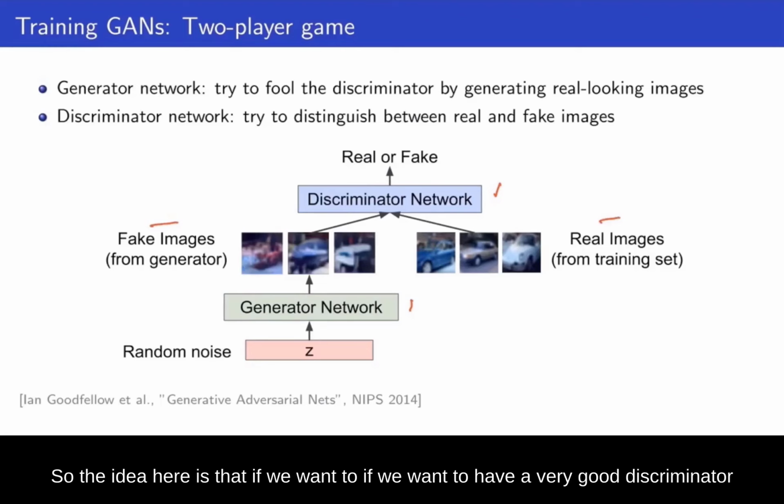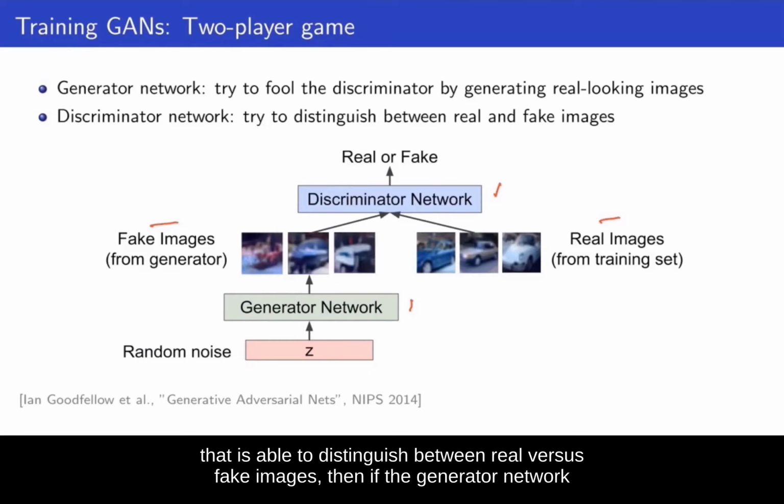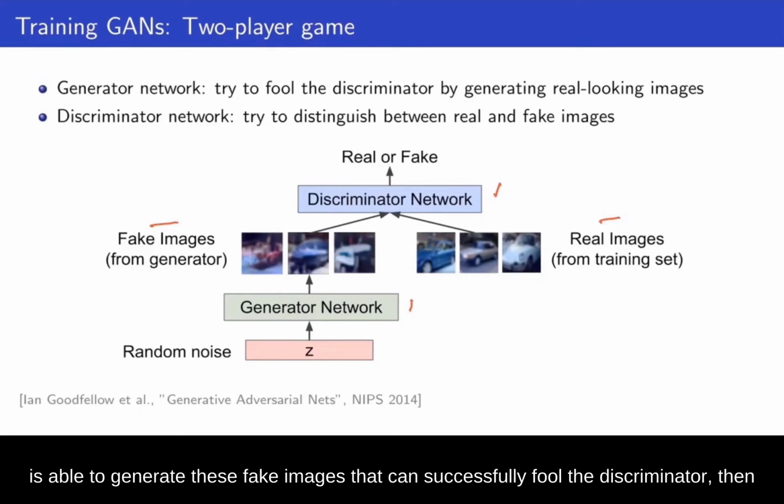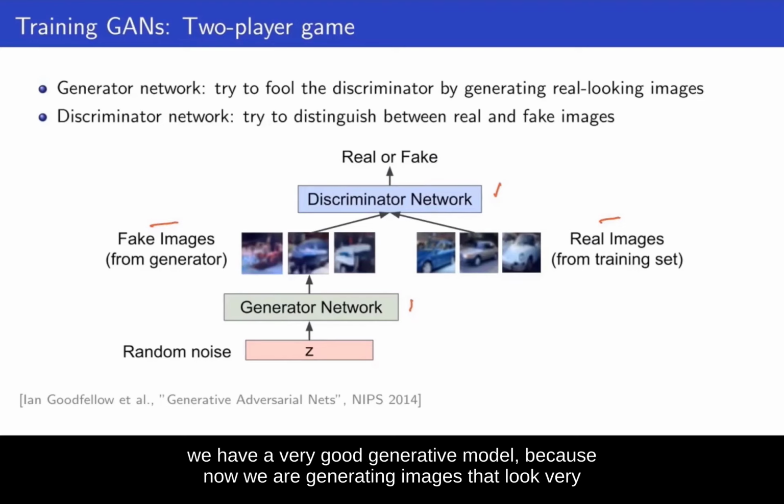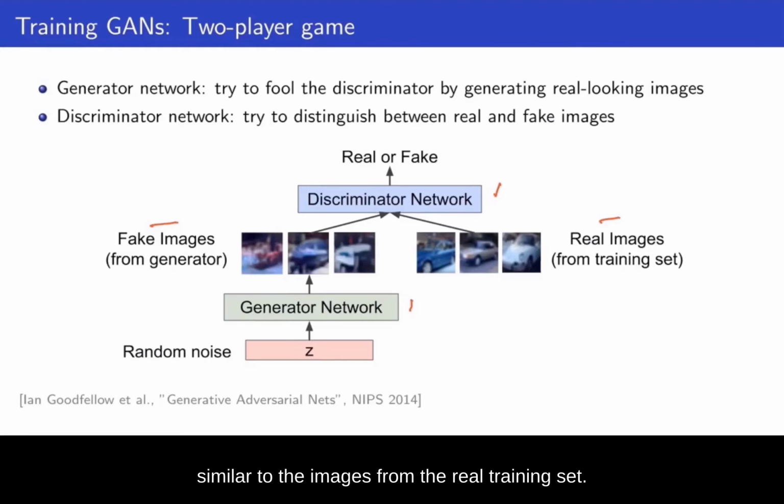The idea is that if we have a very good discriminator that is able to distinguish between real and fake images, and the generator network is able to generate fake images that successfully fool the discriminator, then we have a very good generative model, because we are generating images that look very similar to the images from the real training set.